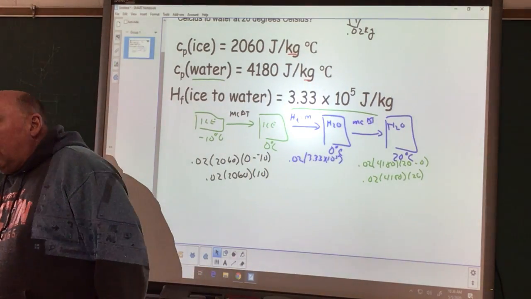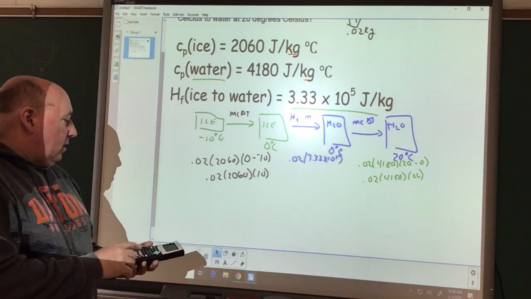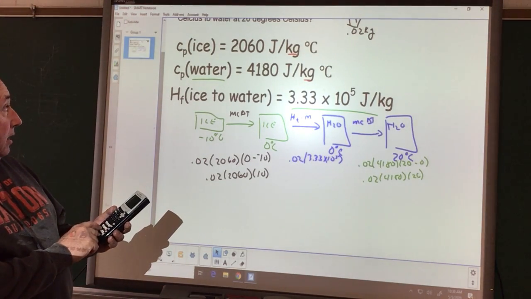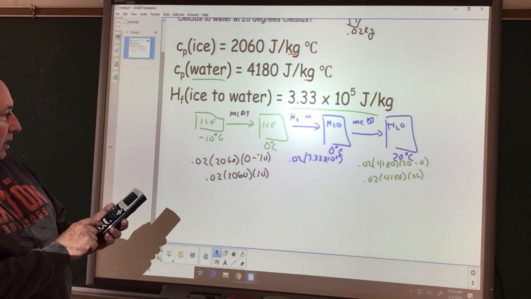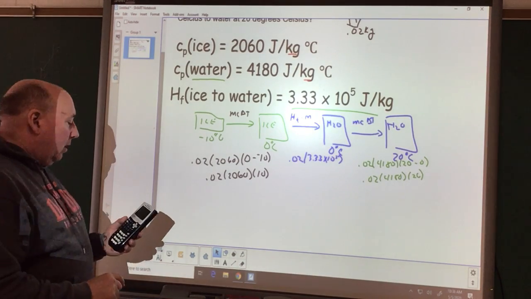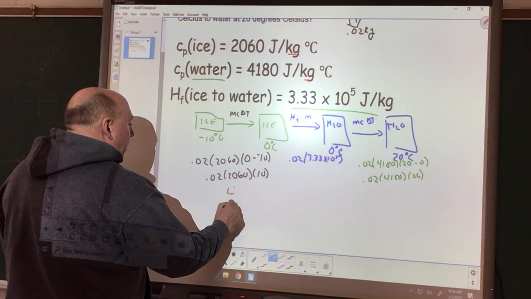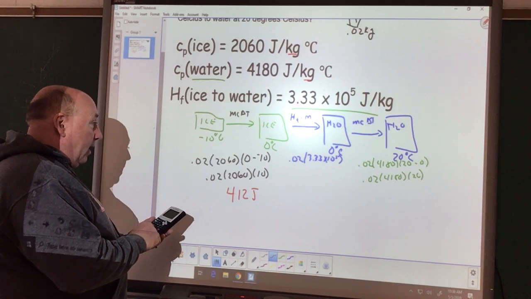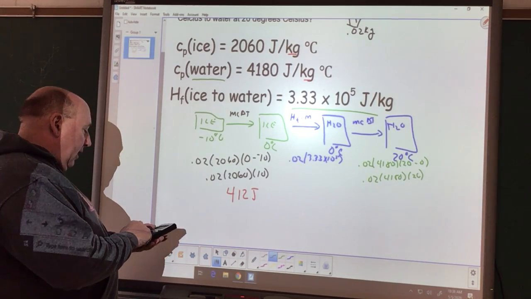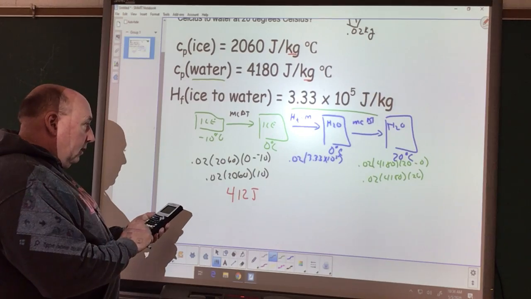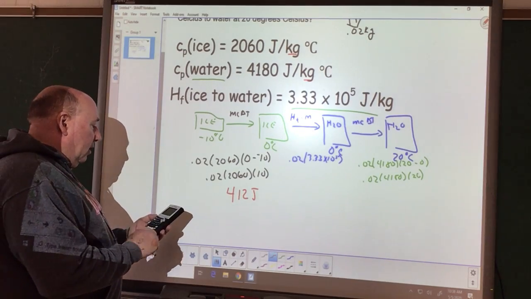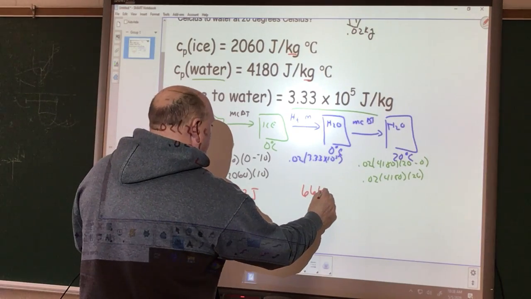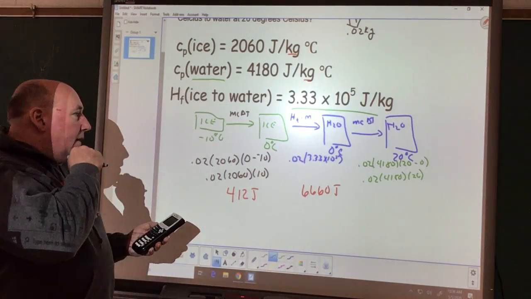So now it becomes a clickety-clack calculator exercise. 0.02 times 2060 times 10. We have 412 joules. We have 0.02 times 3.33 times 10 to the 5th. So we have 6,660 joules.